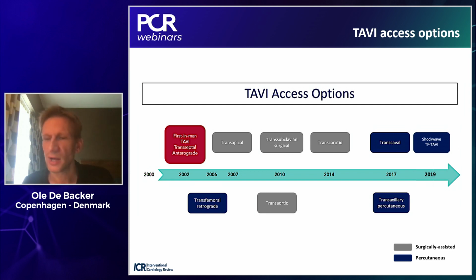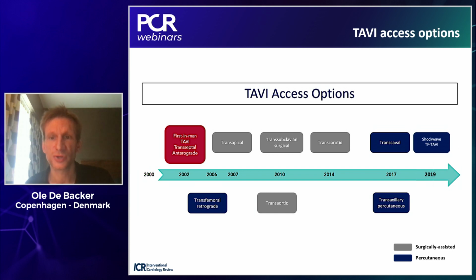Then you see over the last couple of years more surgically assisted approaches, with surgically assisted transsubclavian, direct aortic, also transcarotid. But you see over the last, especially I would say 3-4 years, more and more tendency to go really percutaneous. And then percutaneous transaxillary is one important approach there.